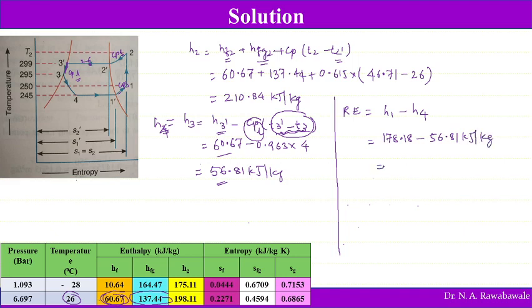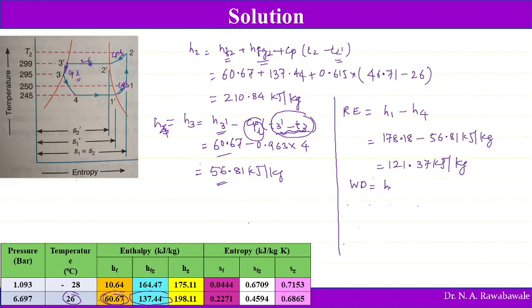So the refrigerating effect is 178.18 minus 56.81, which is 121.37 kilojoules per kg.